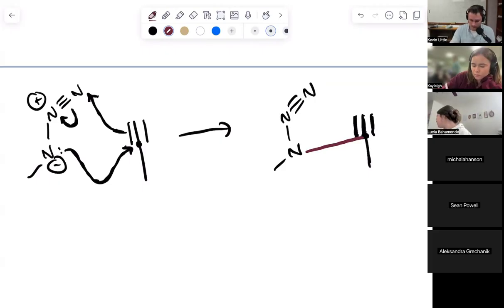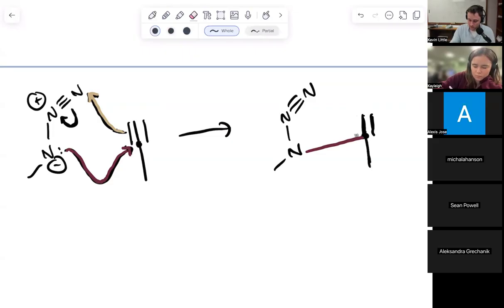Then I'm going to look at, let me color code this, this gold arrow. Where's the gold arrow starting? What electrons is it showing moving? From the triple bond. It's using electrons from this triple bond, so these electrons will no longer be part of that triple bond.